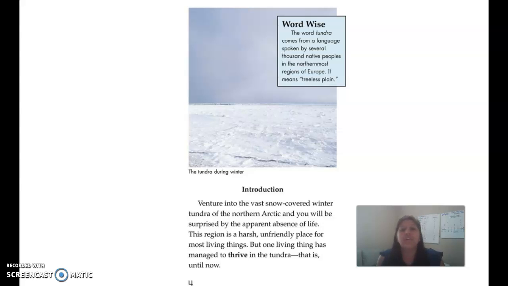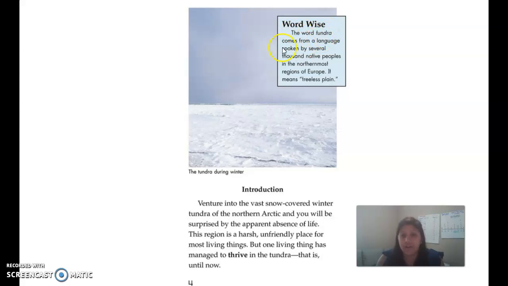Okay? So let's first look at this. Here we have, again, another photograph. And the caption down here says, the tundra during winter. So this is showing us the tundra during winter. But then it kind of gives me more detail. It says, word wise.